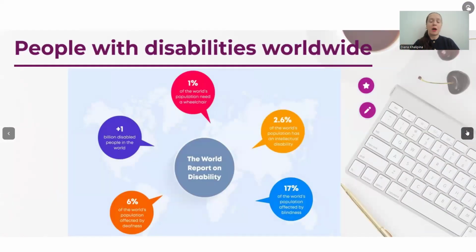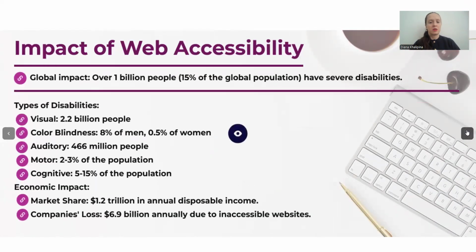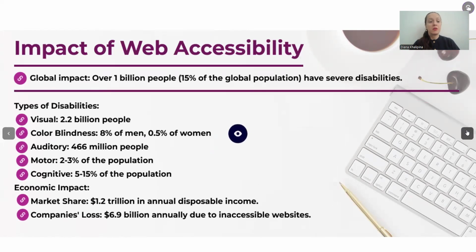This is just a small map about how it looks, people with disabilities worldwide. Literally it's 20% of people with severe disabilities. I will show closely on this slide. So here the numbers: around 10% of people worldwide have color blindness.